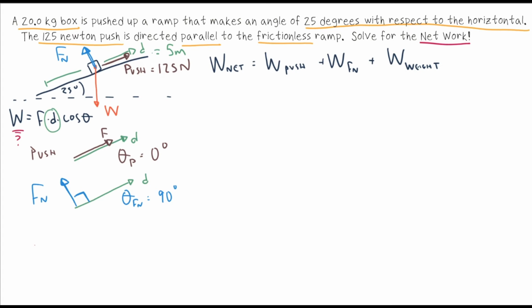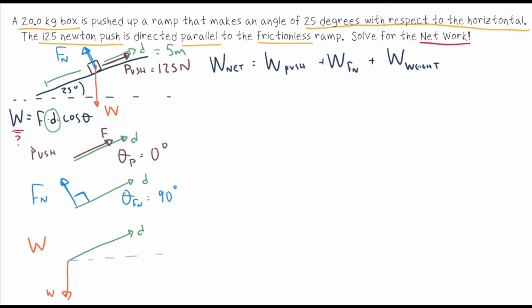And then finally, we have the weight. Again, we have our displacement going up like this. The weight acts straight down. So what does that mean in terms of the angle? Well, we can take a look at this and say, hey, there is a surface.